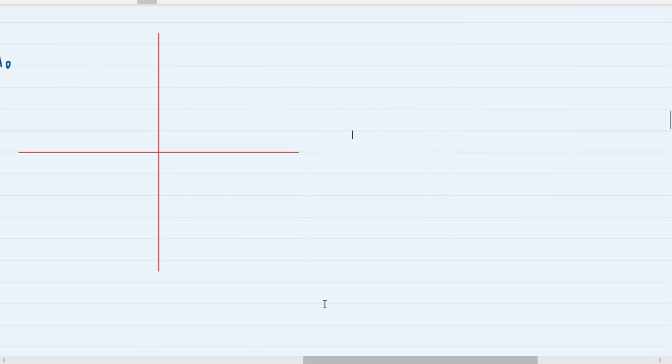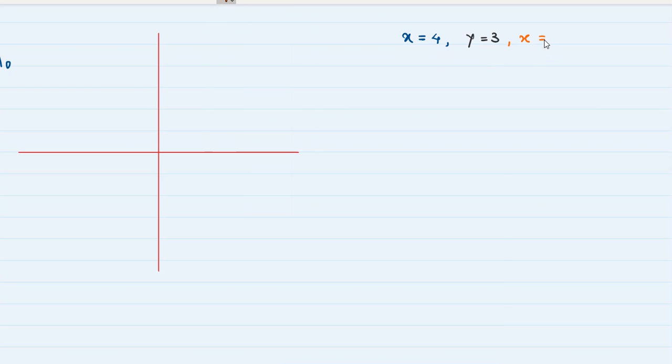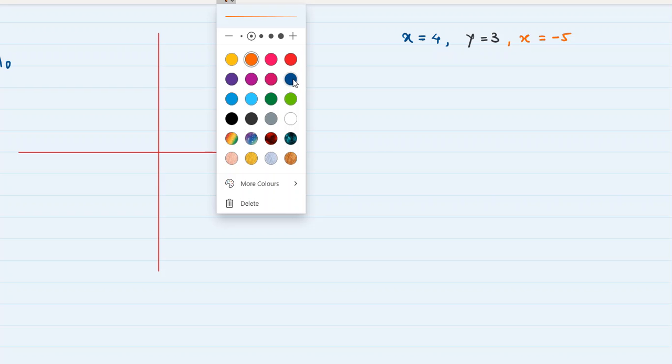So this is your Cartesian plane. ठीक है, on this Cartesian plane I will teach you to draw a few lines whose equations are x is equal to 4, comma, I will change the color, y is equal to 3. ठीक है, और दो ले लेते हैं ऐसे. x is equal to -5 and I'm taking different colors for a reason.